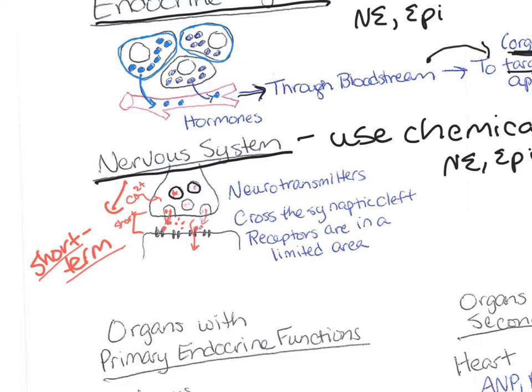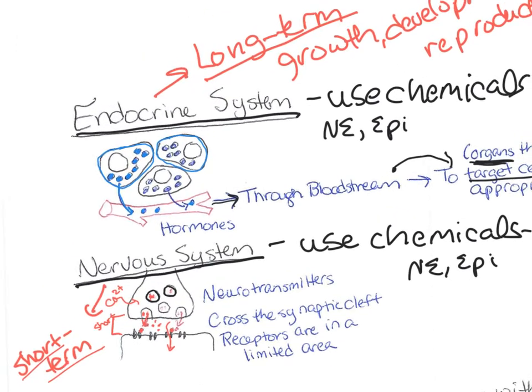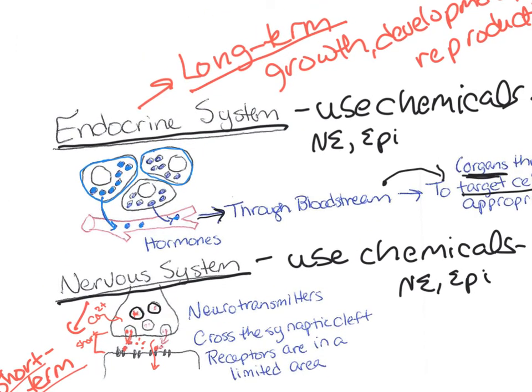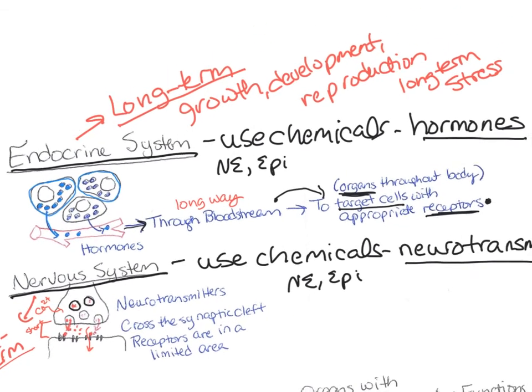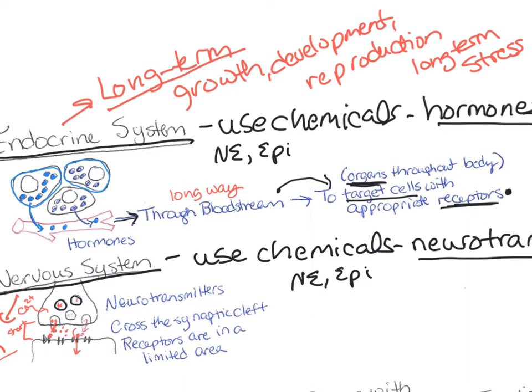So it really doesn't last very long. However, when we're looking at the hormones, first of all, they have to travel a long way through the bloodstream in order to get to their target cell. And so they're going to last a lot longer, and they will bind to the receptors, but it's longer lasting.